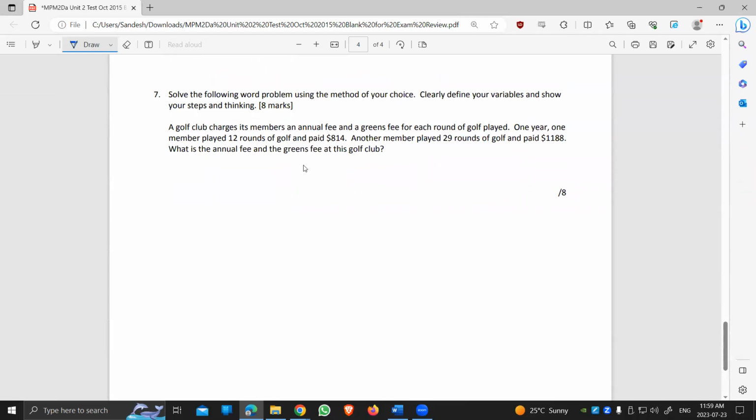A golf club charges an annual fee, which is going to be fixed, and then a greens fee, that means for every game. In one year, one member played 12 rounds of golf and paid $874. Another played 29 rounds of golf and paid $1188. What's the annual fee and the per game fee? Right.